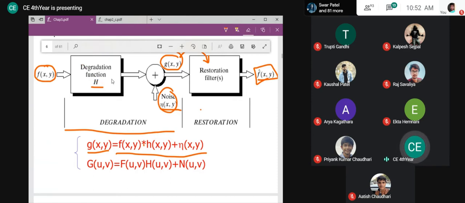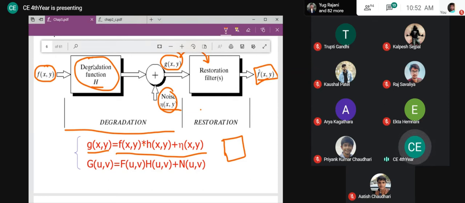So what is the point here? That this degradation function can be emulated by some small sub window, some small filter. Suppose I say it was degraded by a missing focus. If focus is not there, how does the image look? Suppose I'm missing the focus in my camera, how will my image look?